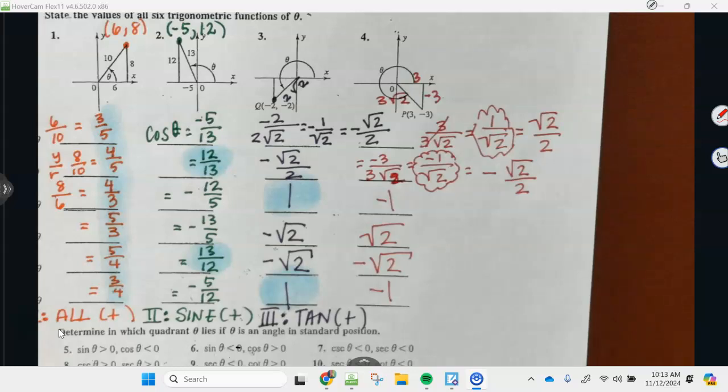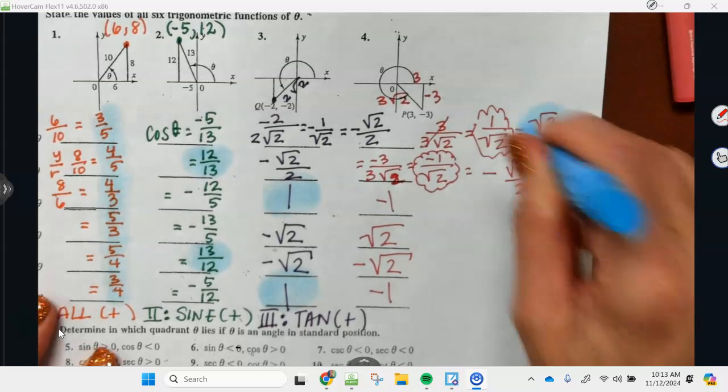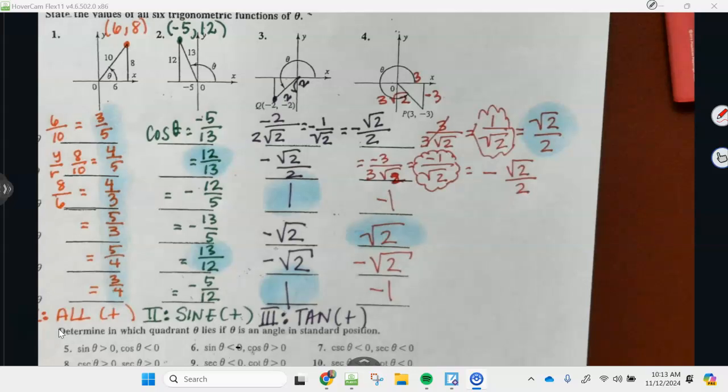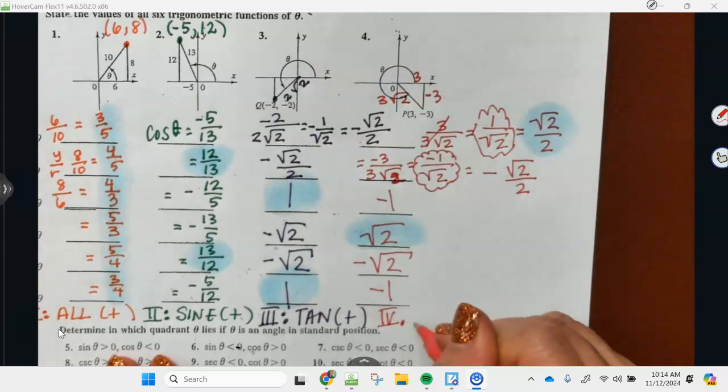There's only 2 positives. What are the 2 positives? Cosine and secant. Very good. All right, these 2 guys right here. So in quadrant 4, the only thing that's positive is cosine.